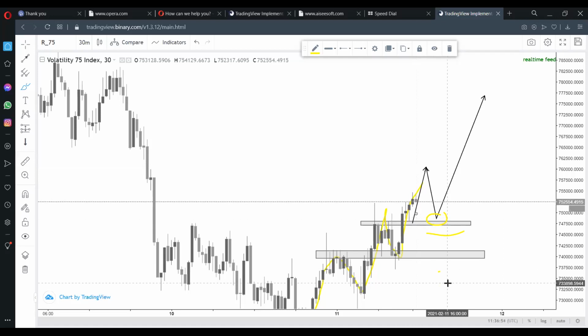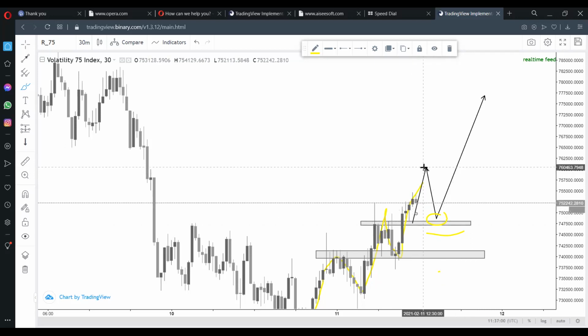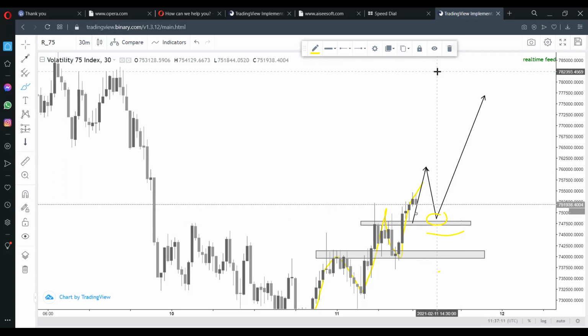So we have to see a very strong momentum pushing up, then we will get another move coming down to here before it gives us confirmation. Do you understand now? Yes, I do.